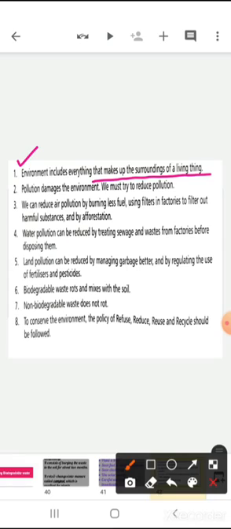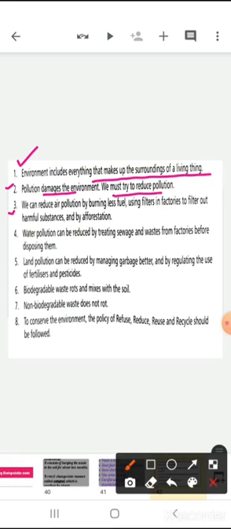Second, pollution damages the environment. We must try to reduce it. We have studied 3 pollutions here: air pollution, water pollution, and land pollution.